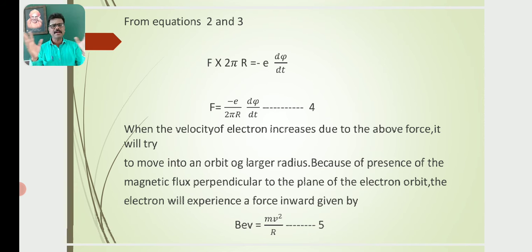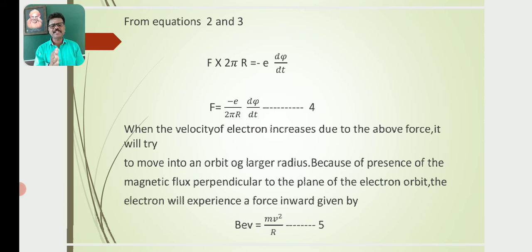So the electron, which is revolving in the circular path in the presence of the magnetic field, experiences two forces: the magnetic force experienced by the electron in the magnetic field, and, because of circular motion, the centripetal force.